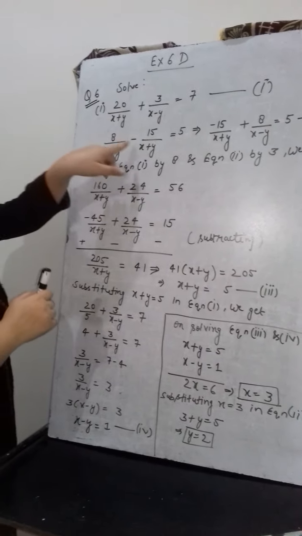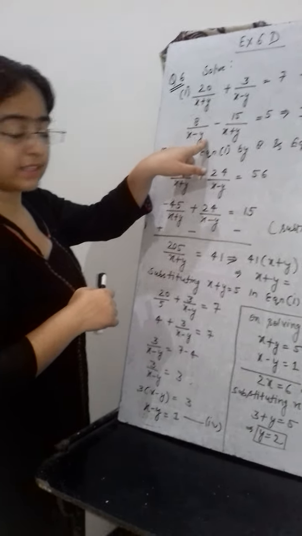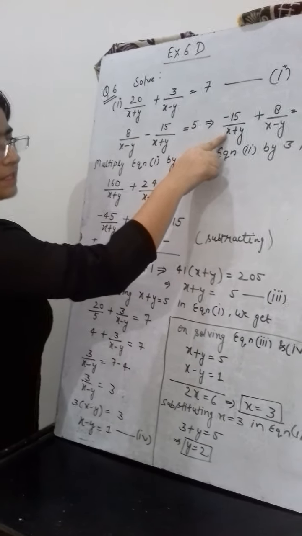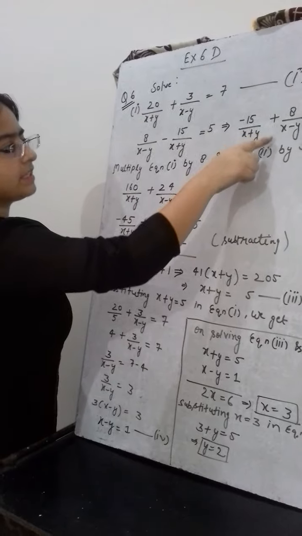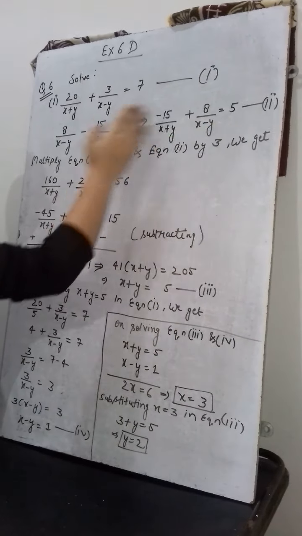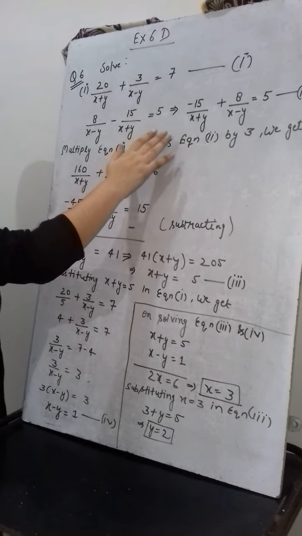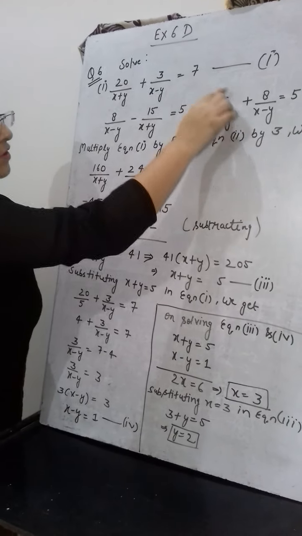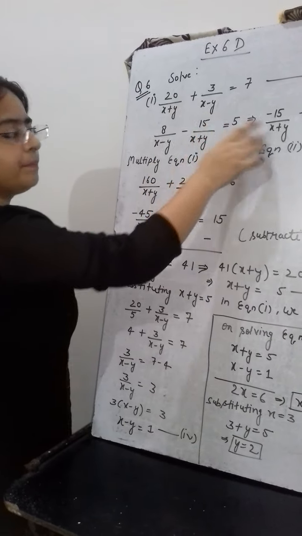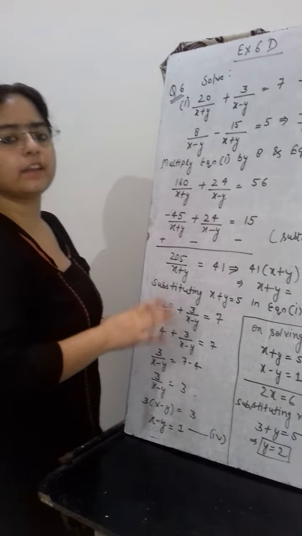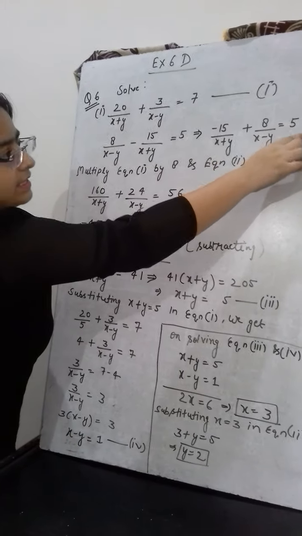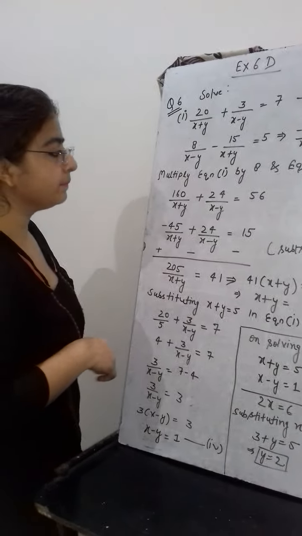So here in place of 8 upon x minus y we are writing minus 15 upon x plus y first, and then plus 8 upon x minus y equal to 5. Means we have interchanged their position, so that the term which contains x plus y as the denominator will be written first in both the equations, and we will not get confused further in solving this question. So this is equation number 2.